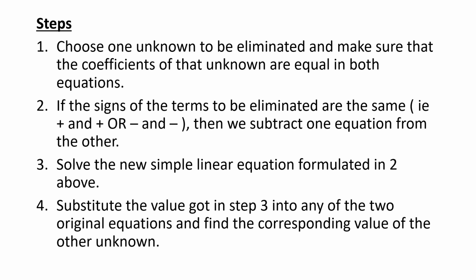So we substitute the value of the unknown that we get in step 3 into any of the two original equations and find the corresponding value of the other unknown. I encourage you to use the original equations so that you won't use the wrongly formulated new equation. Right, so let's move on to our first example.